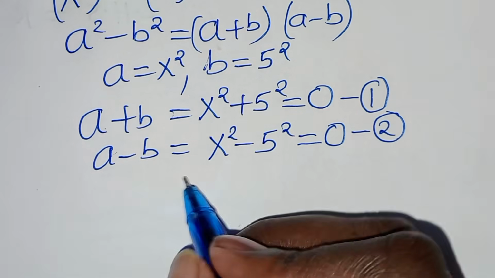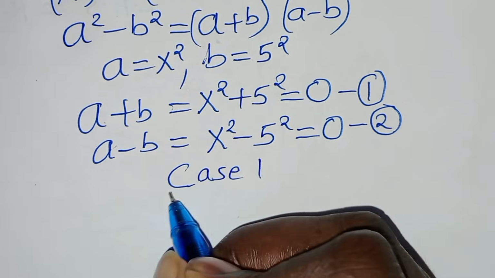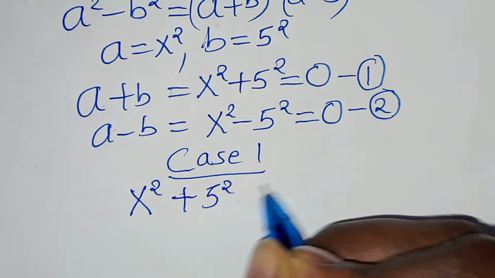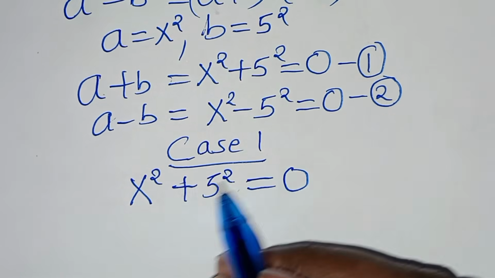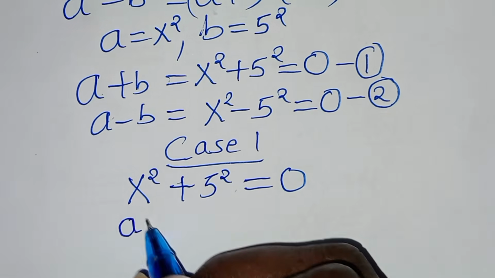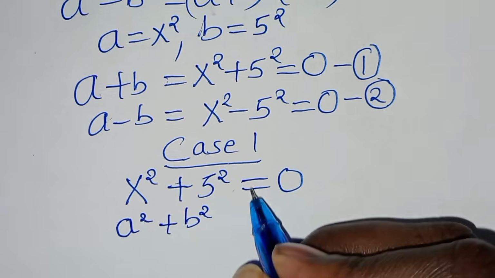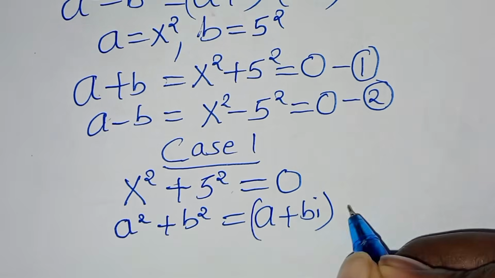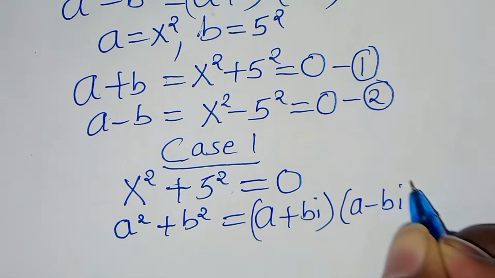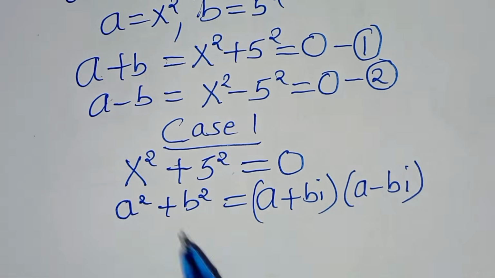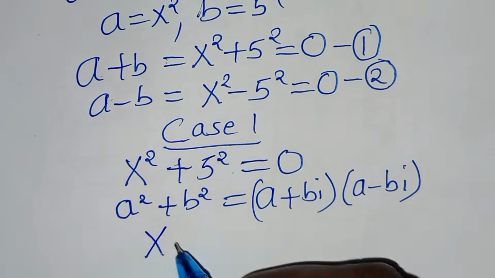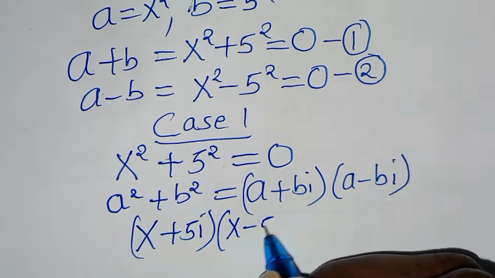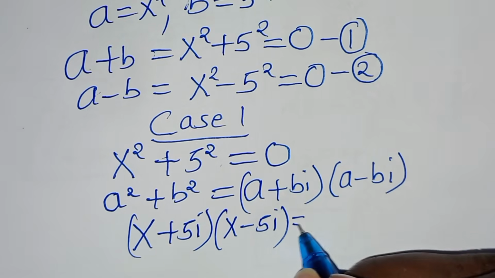Now, from equation 1, let's call this case 1. We have x squared plus 5 squared equal to 0. This equation is in the form of a squared plus b squared, which we can express as a plus bi, a minus bi. So we have x plus 5i, x minus 5i, equal to 0.